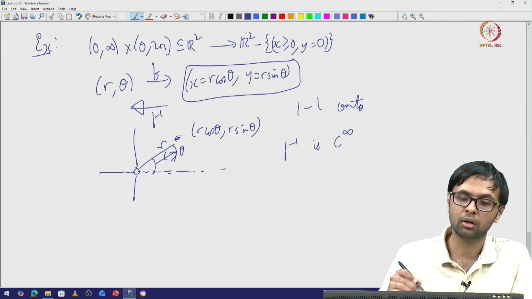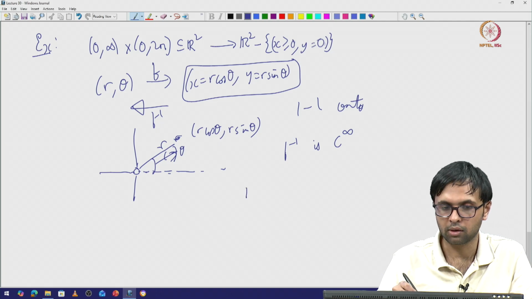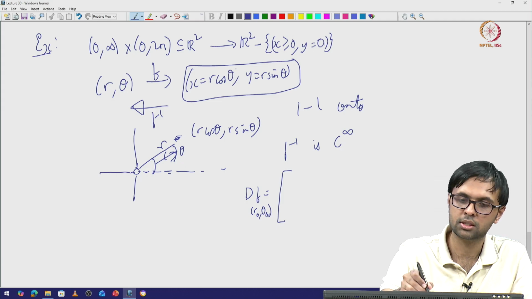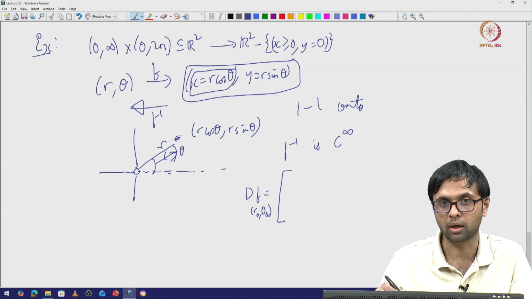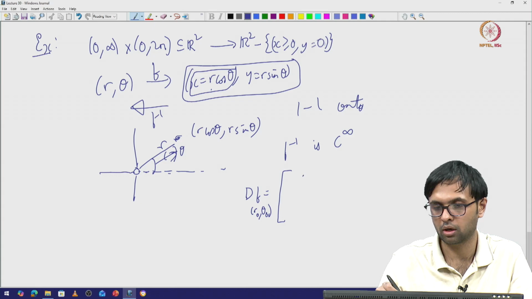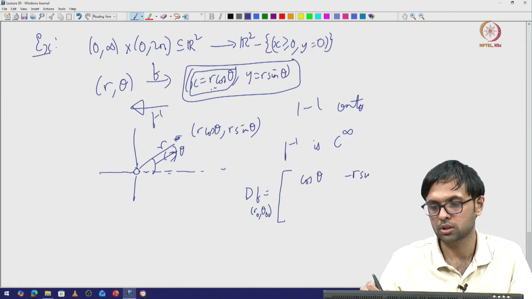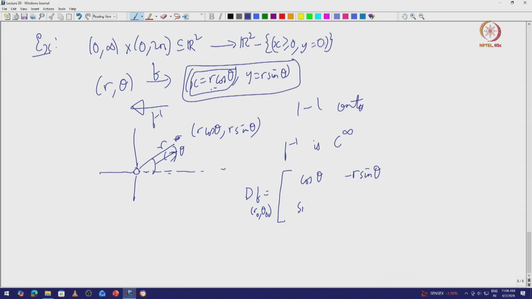Suppose you compute the derivative of f at your favorite point r naught comma theta naught. So, what is the derivative? It is the gradient of the first component. The derivative of this with respect to r is cos theta, with respect to theta is minus r sin theta, likewise sin theta and r cos theta.